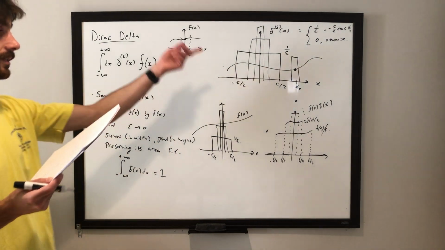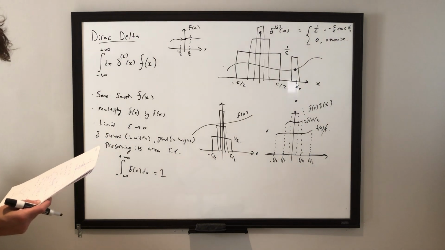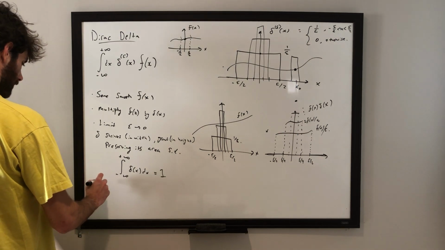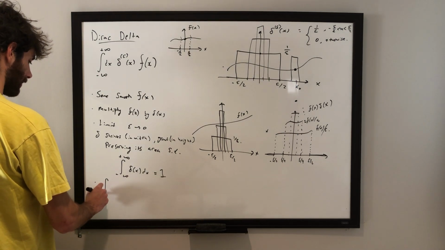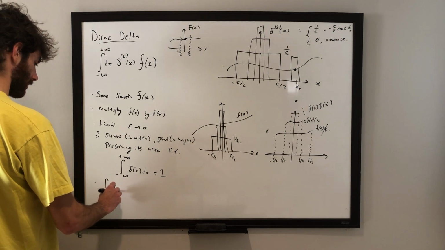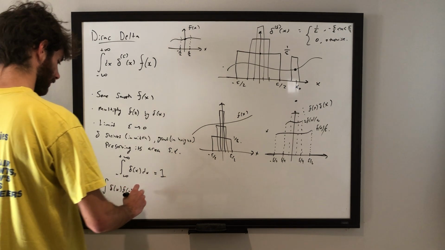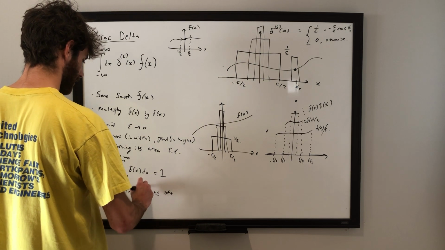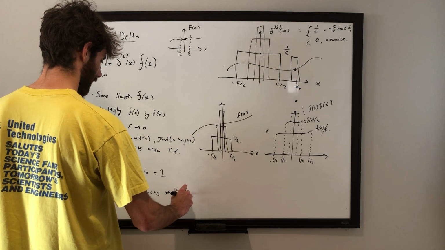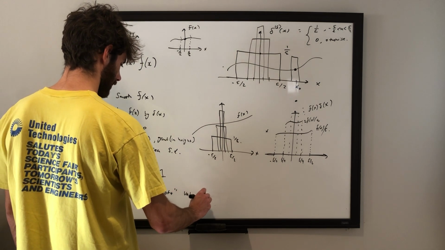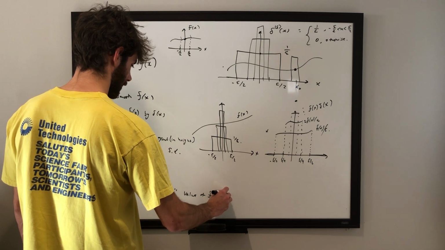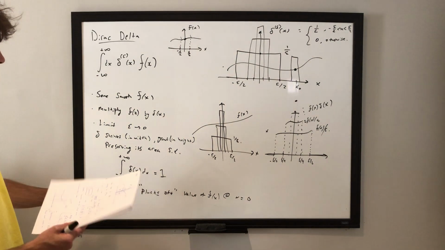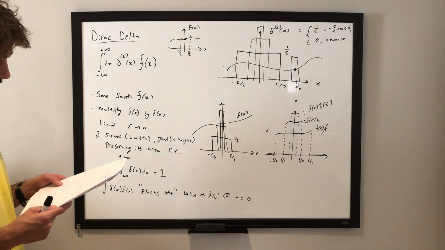This was the function we constructed such that that was the case. And so the conclusion is that upon integrating, this plucks off, we could say, the value of f of x at x equals 0, or more generally x naught, but in this simpler case we are just considering x equals 0.